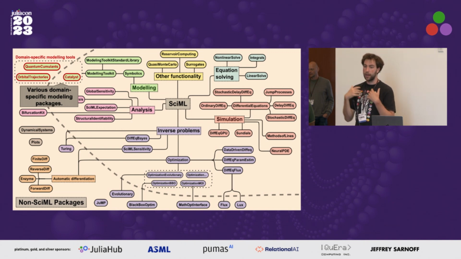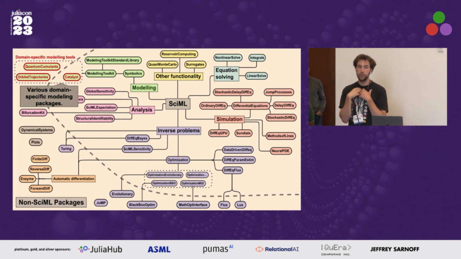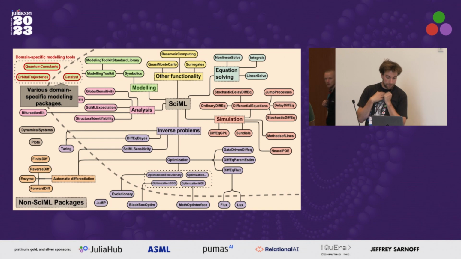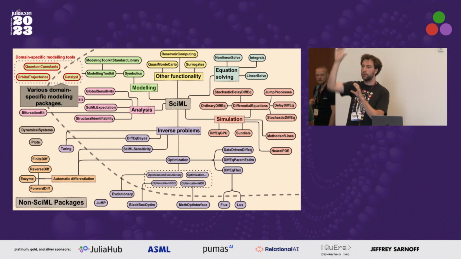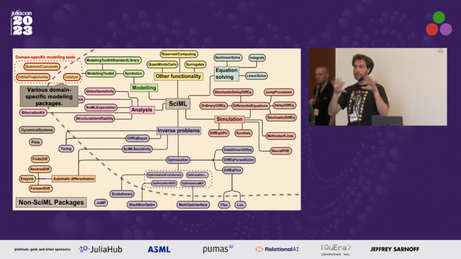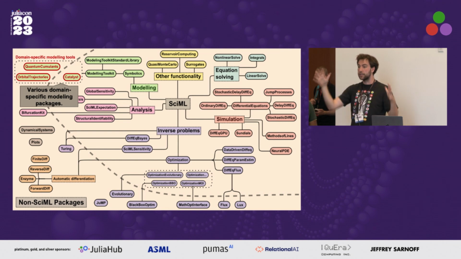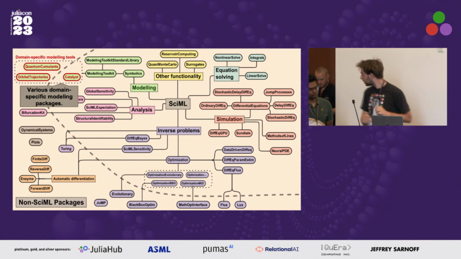Say, for example, I work in biology and make a specific type of biological model; then there's a package, Catalyst, for creating these models. There's also orbital trajectories, if you have, I think, satellites that go around, and there's a specific way to represent these models in separate packages. But a lot of what these do is feed in and create a ModelingToolkit model, which then connects it to the entire SciML ecosystem.